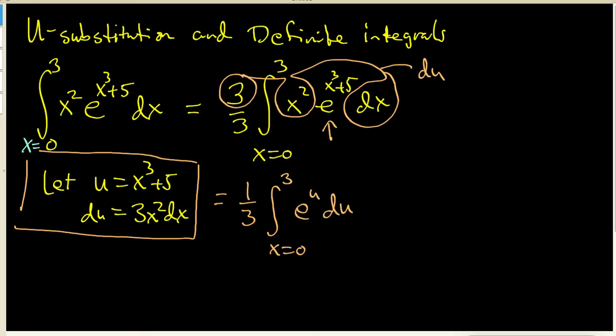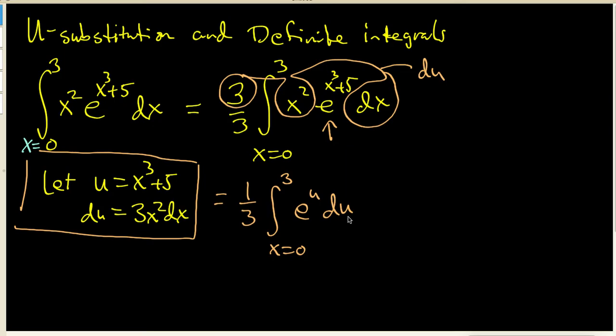And it is extremely important to understand that x is the variable for these endpoints. I have to get back to x's before I'm allowed to use the fundamental theorem of calculus and plug these values in.